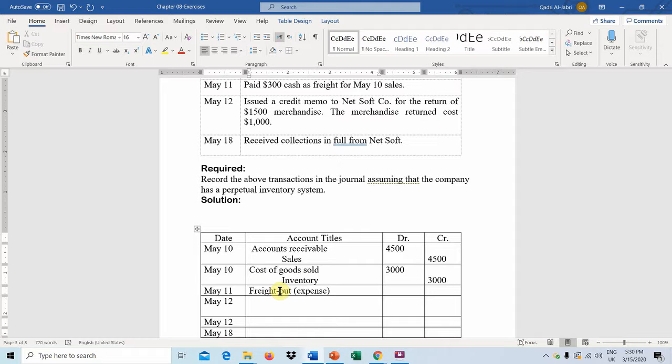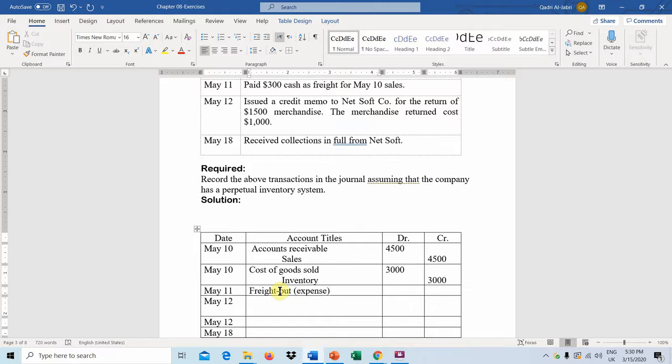So this one will not affect the value of inventory, because the cost of inventory includes the cost that we need to get the inventory. But whenever we have the inventory in our stores, then the selling cost, freight out, is a type of selling expense.